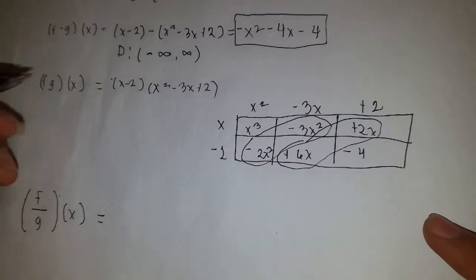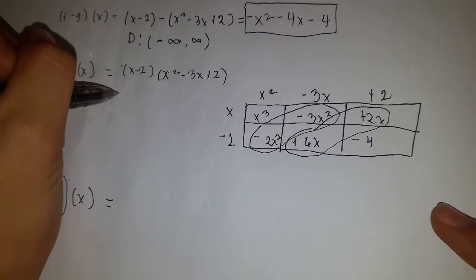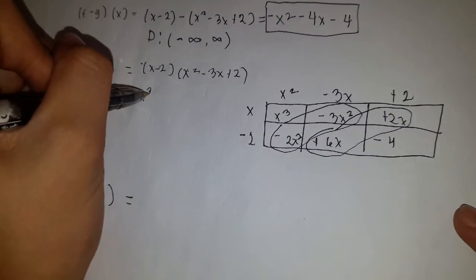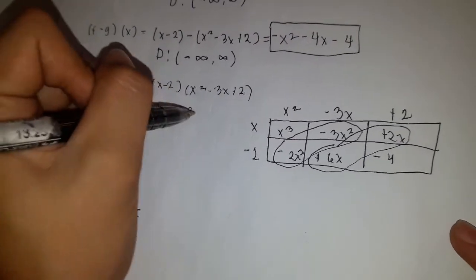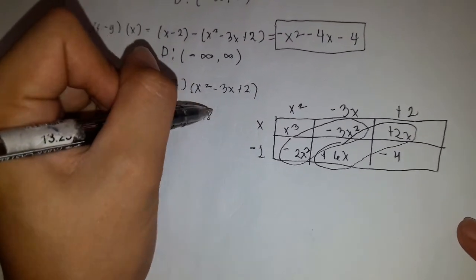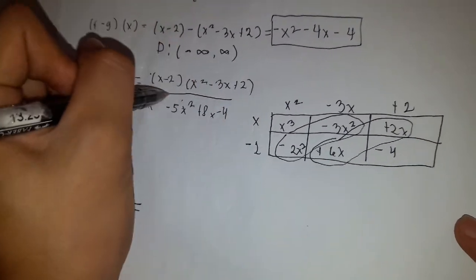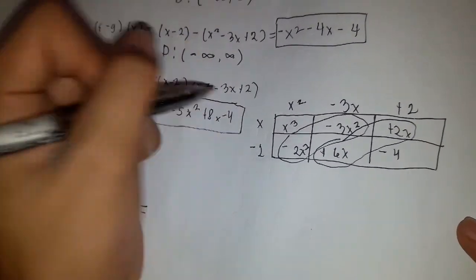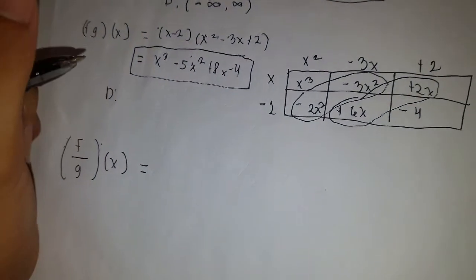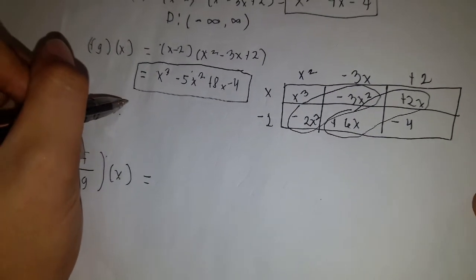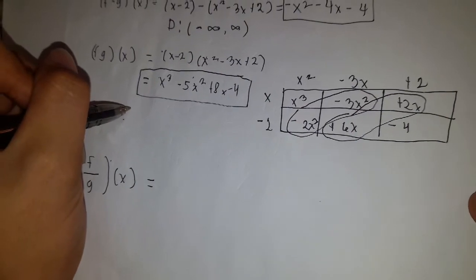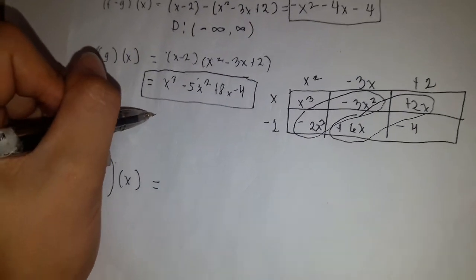So therefore, my answer is x cubed minus 5x squared plus x minus 4. So domain, there's no restriction, so domain is all real numbers.